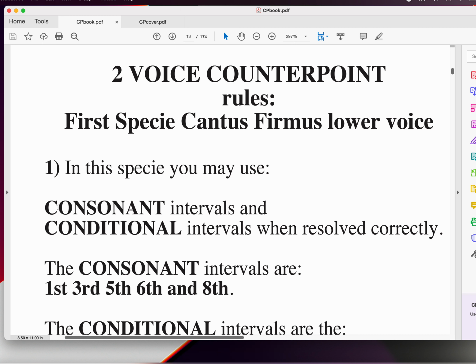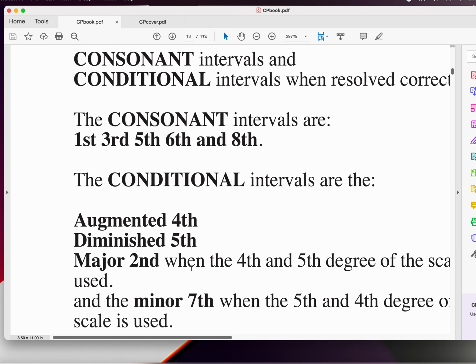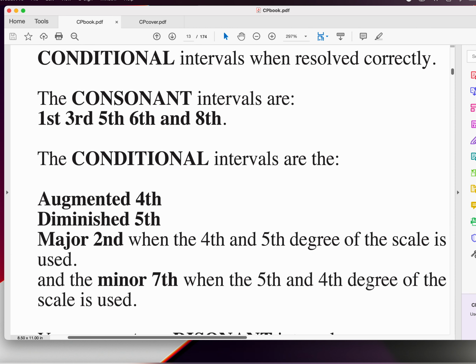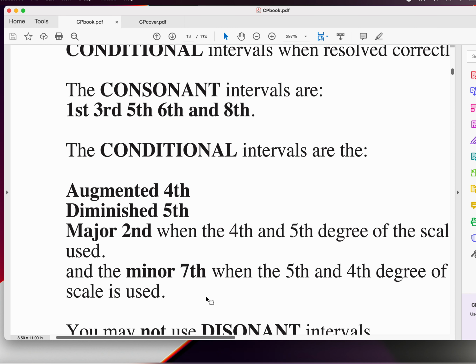The consonant intervals are the first, the third, the fifth, the sixth, and the octaves. The conditional intervals are the augmented fourth, diminished fifth, and major second when the fourth and the fifth degree of the scale are used.